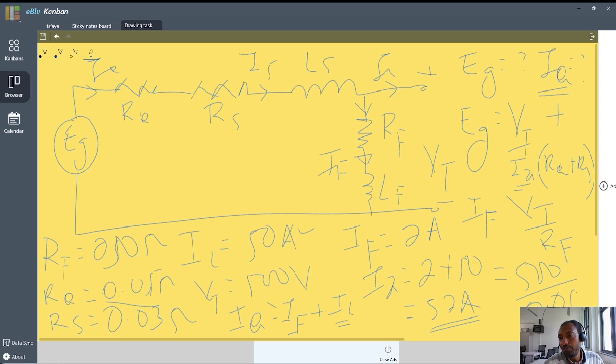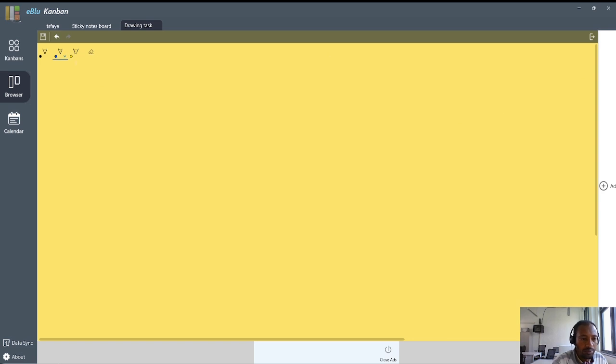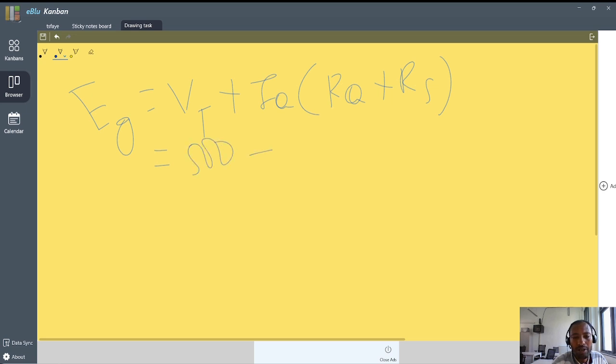So generator voltage EG is going to be VT plus IA times RA plus RS. We know VT, it's already given, 500 volt, plus IA we calculated is 52.